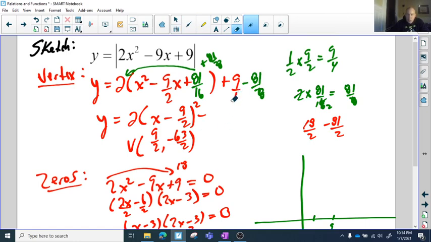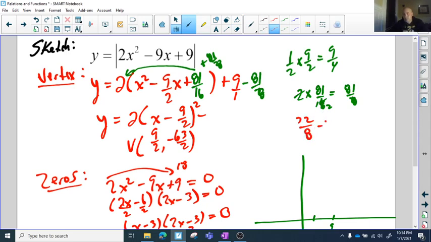So 9 over 1, if I put it over 8, is going to be 72 over 8, minus 81 over 8, is negative 9 over 8.